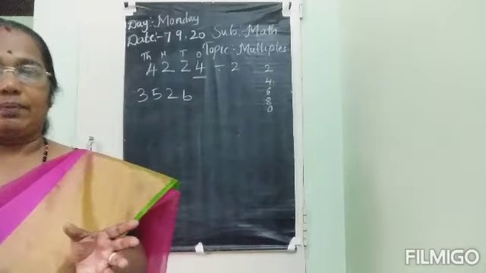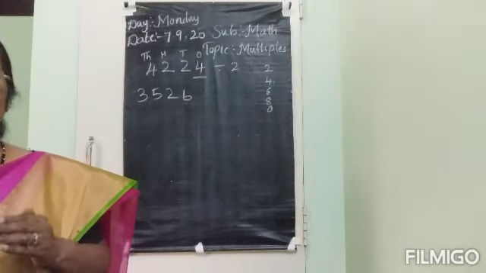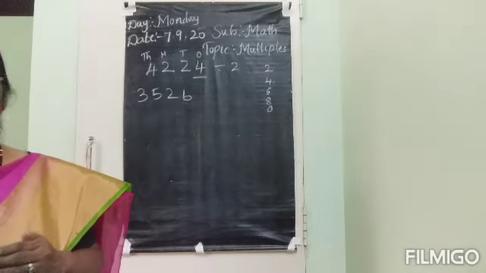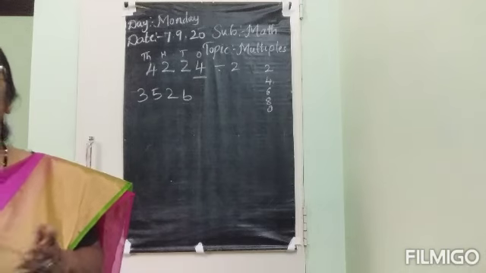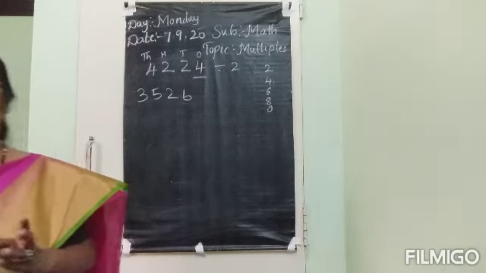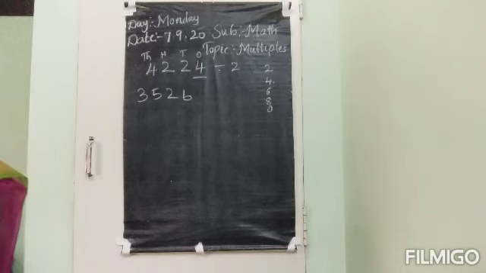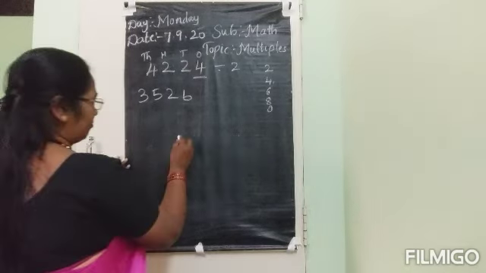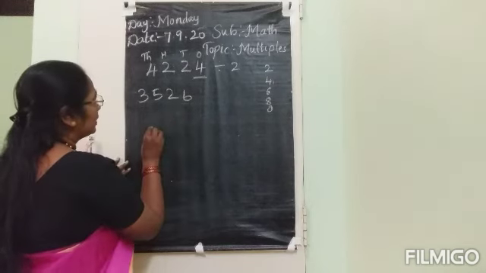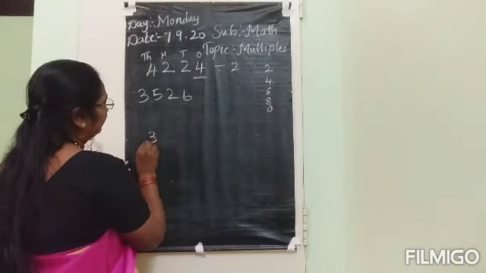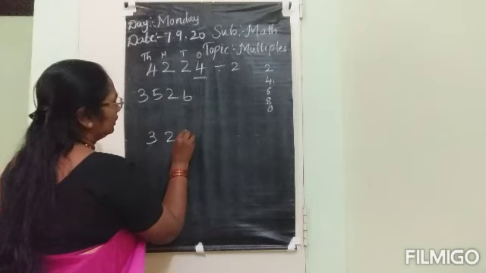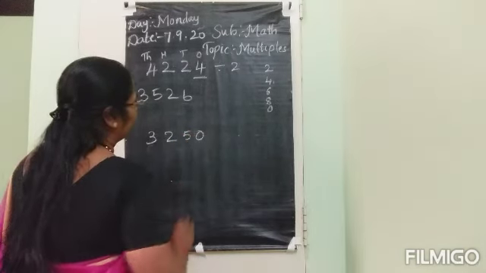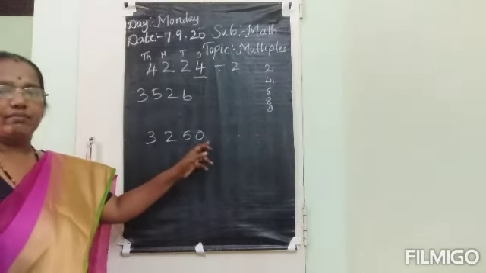Okay, now we go for multiples of 5, or divisible by 5. Yes children, what is divisible by 5? In the ones place there should be 5 or 0. For example, 3,250.